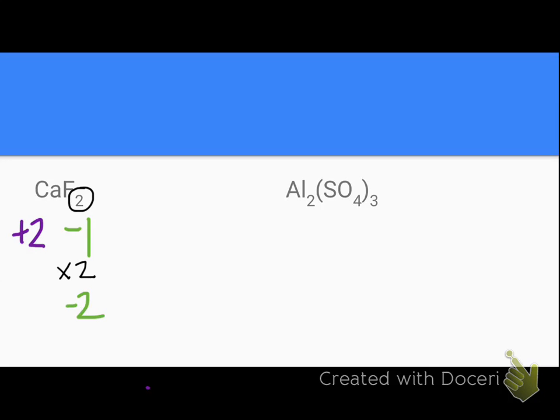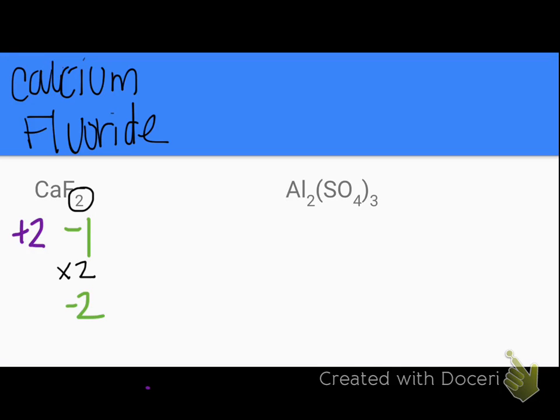Now my charges cancel themselves out. So now cation stays the same, so calcium. Then I have F. My anion becomes an IDE. Calcium fluoride. Okay?